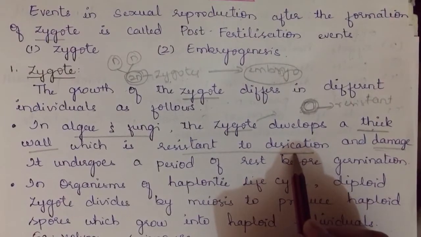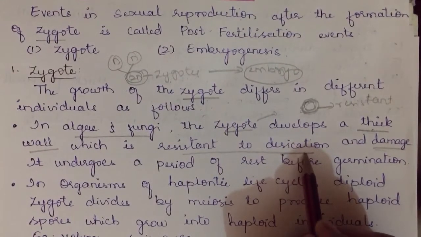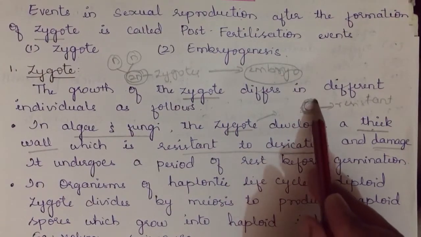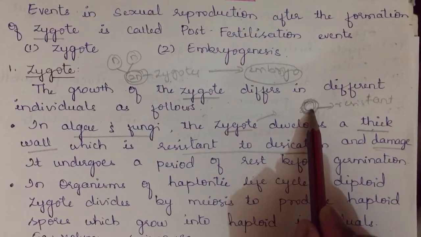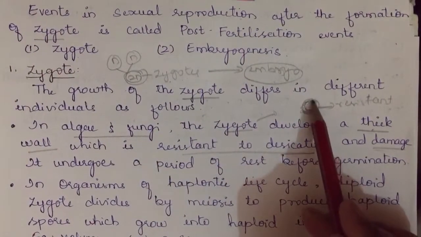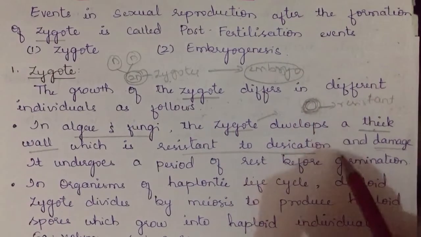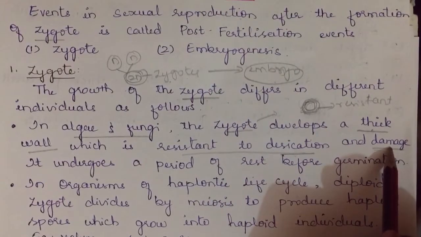Now what is desiccation? Desiccation is the process of evaporation, the process of drying up. In unfavorable conditions, this zygote might undergo drying, or its water content might get reduced. So in unfavorable conditions, in algae and fungi, they develop a thick covering, a thick wall around it, to get resistance from drying and from damage.